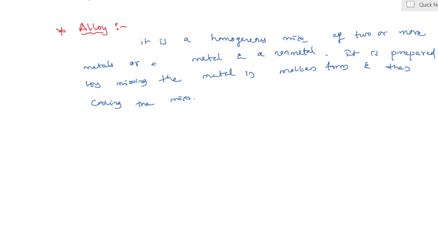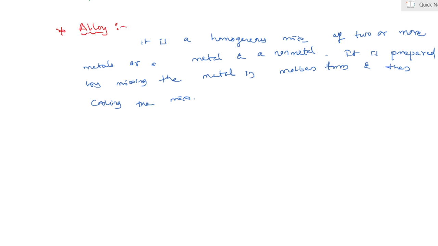Yes, my dear students, in this chapter we discussed the introductory part of metals and non-metals, what is meant by metal, physical properties of metals and chemical properties of metals, and non-metals. Before non-metals, the reactivity series of metals, non-metal physical properties and non-metal chemical properties. Afterwards, reaction between metals and non-metals, it means ionic bond formation.